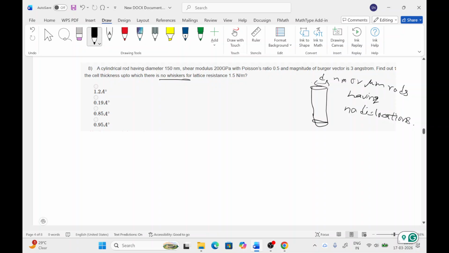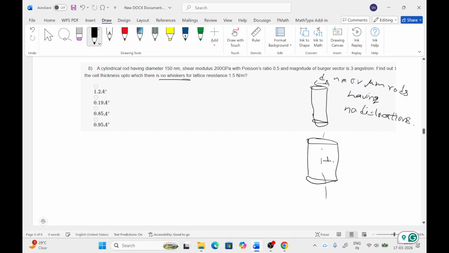So how whiskers are formed? Because if we have some material, and we have some dislocation at this position.